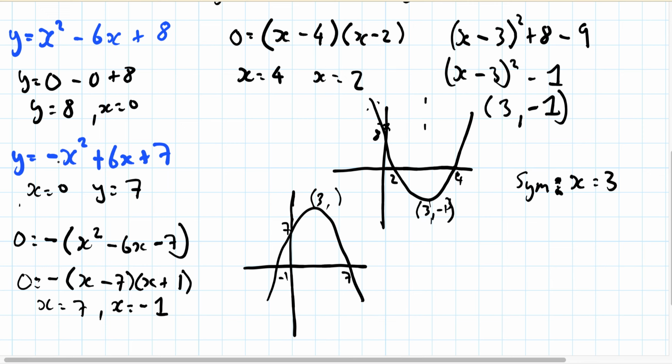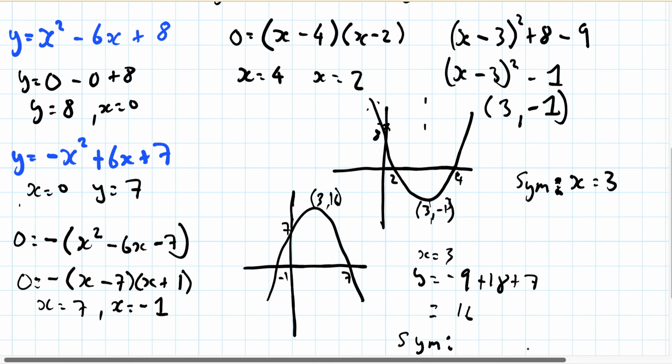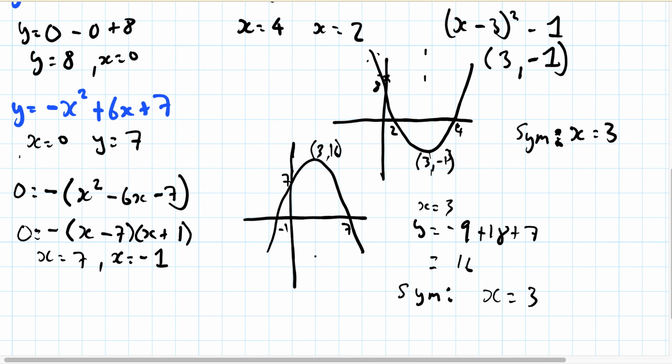So when x equals 3, y equals minus 9 plus 18 plus 7, which equals 16. And that would be my maximum point. And then my line of symmetry is the line coming down here, so x equals 3. Okay, and that's it for the quadratics.